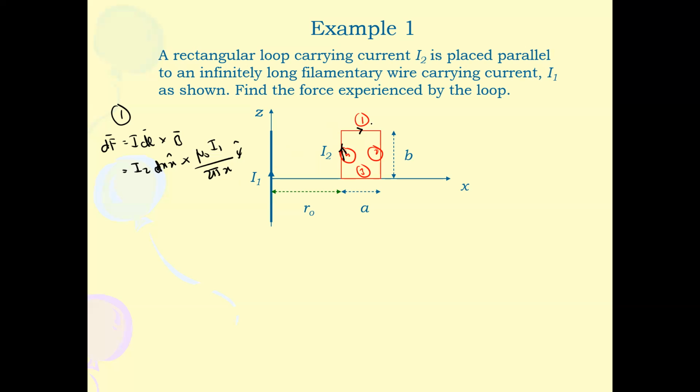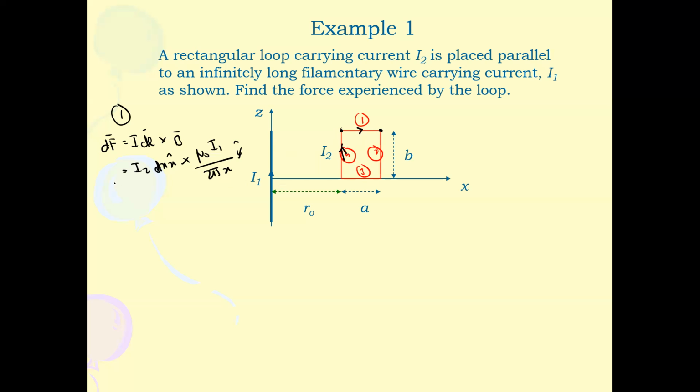Because for side number 1, the points range from R0 to R0 plus A, so we can just take it as x, where x is a variable because the side is parallel to the x-axis. So x is the radial distance from the I1 filament to any point on side 1.